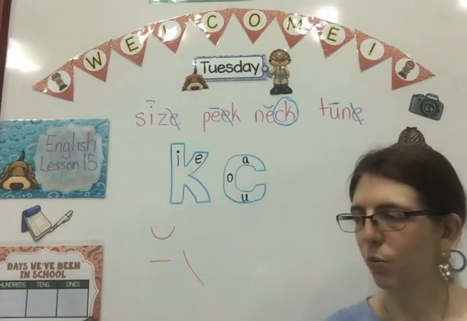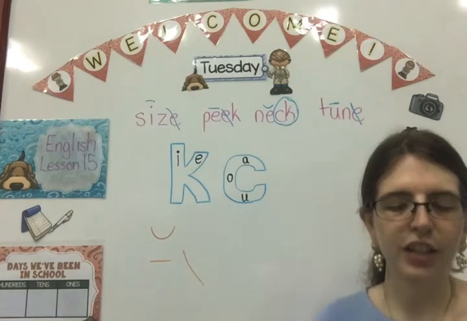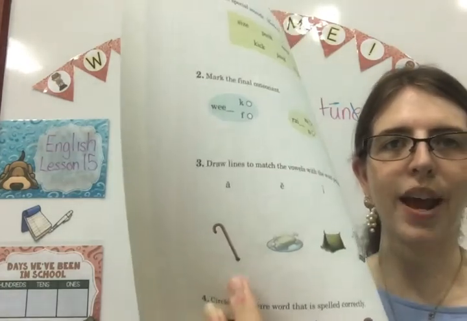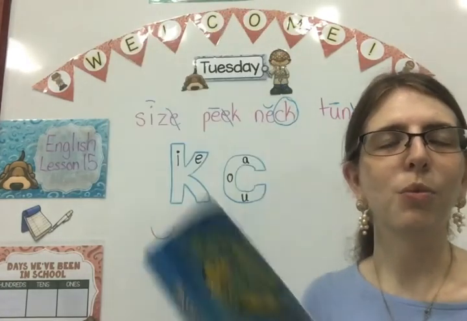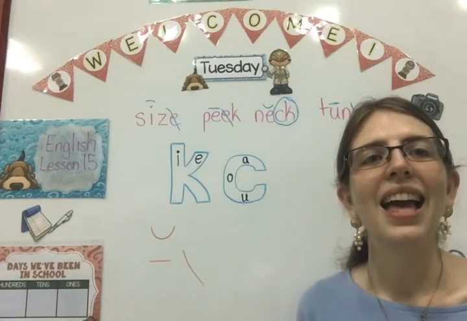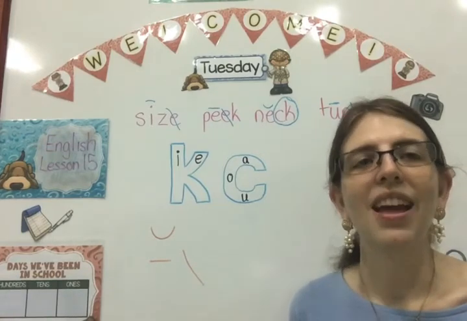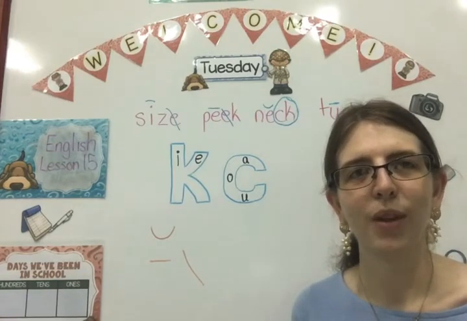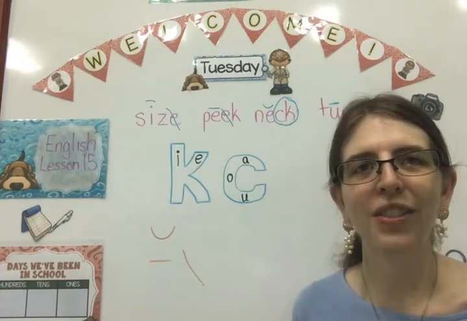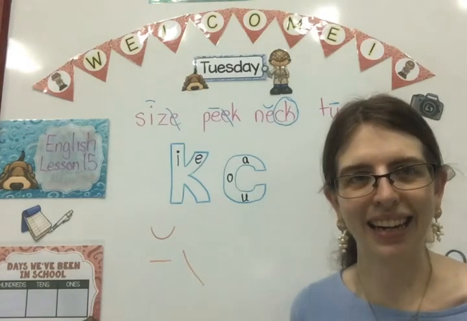Let's look at the first one. The first picture is this one right here. The word for that picture is cane. What vowel sound do you hear in the word cane?